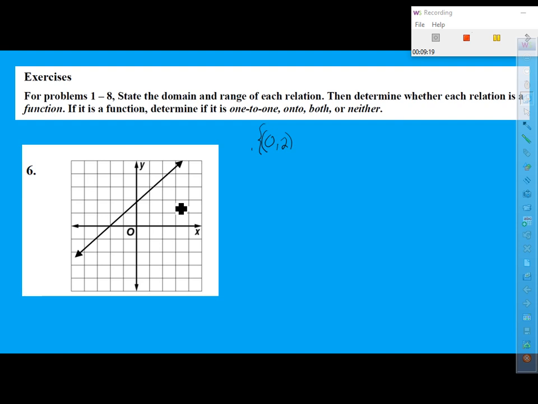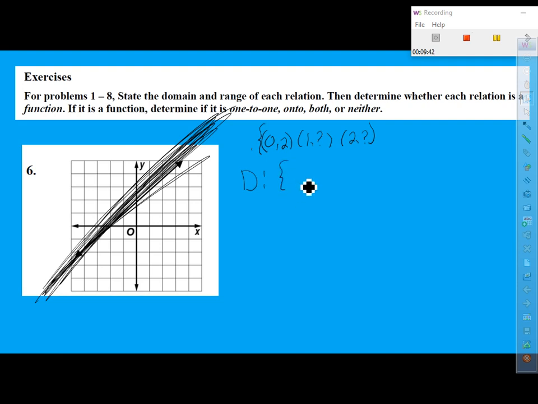I would have the ordered pair 1 something. I would have the ordered pair 2 something. Now there's a trick to this. The x values, the domain, notice that this thing is solid. It's continuous forever. Whenever it's continuous like that, your domain is all numbers.